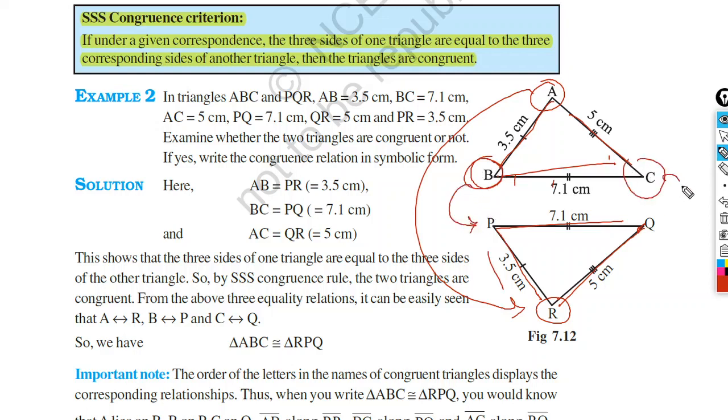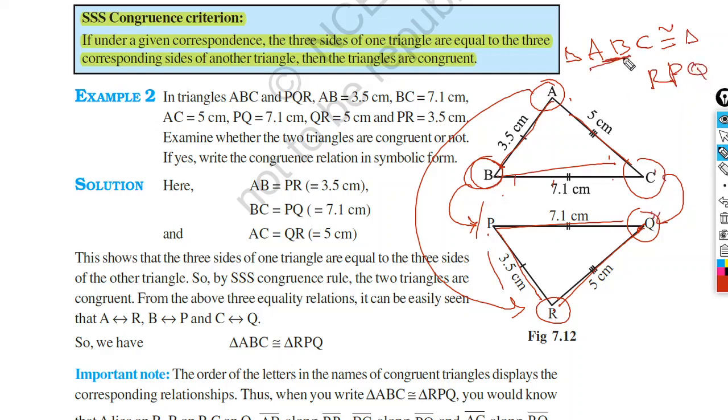C point is corresponding to Q point. So triangle ABC will be congruent to, A corresponding to R, so you can write triangle R, then for B it is P, RP, then Q and C, RPQ you can say.